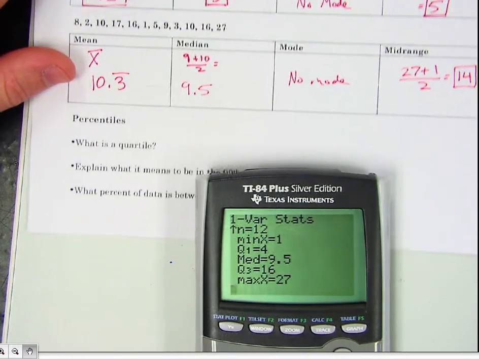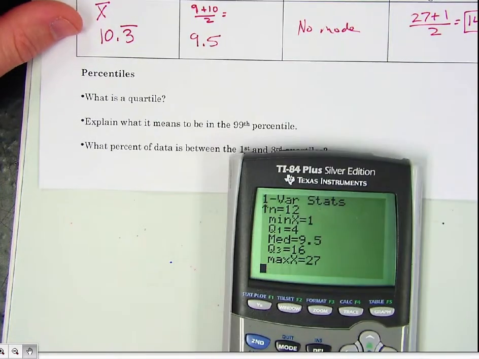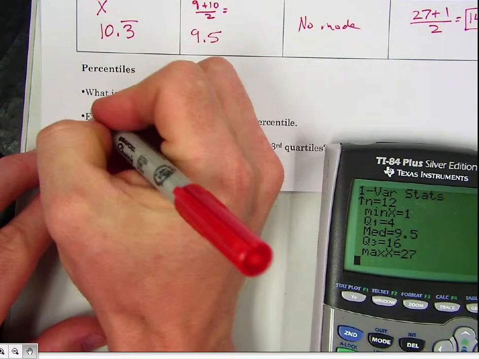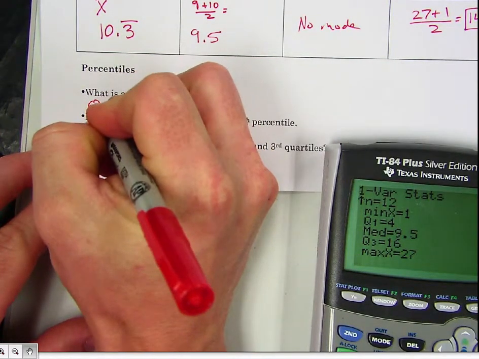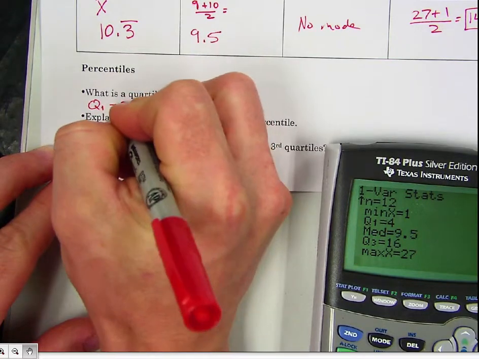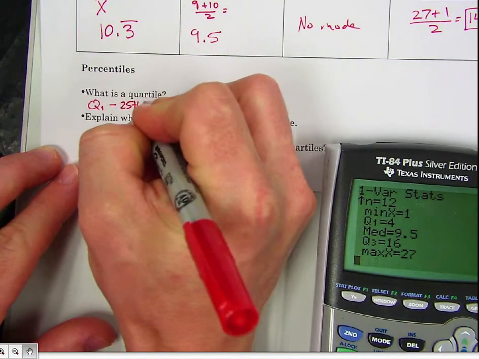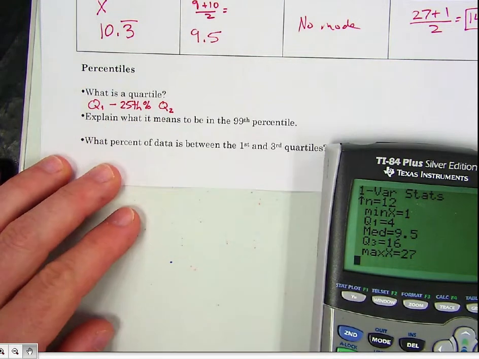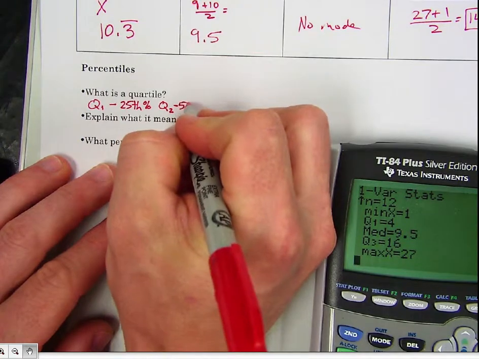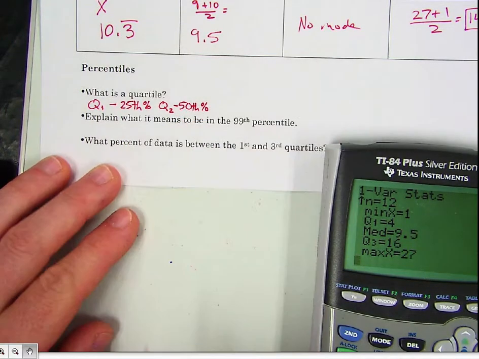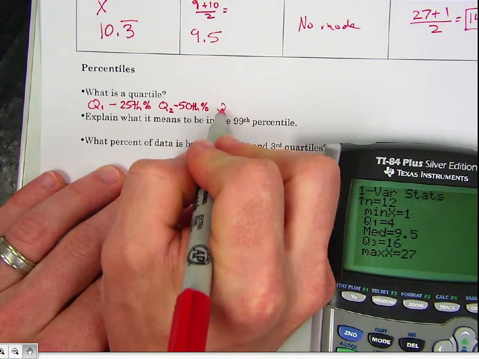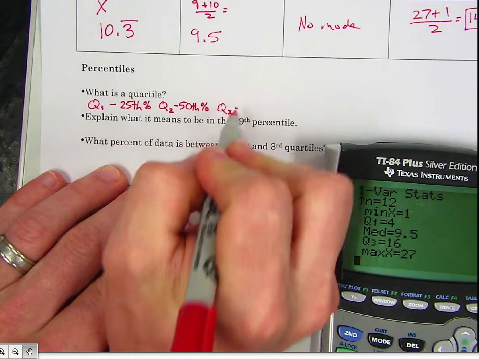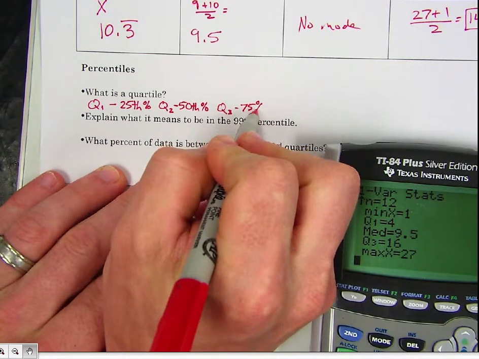Okay, now let's use this data to talk about quartiles. So the quartiles again are Q1, that's the 25th percentile. We have Q2, which is the 50th percentile, also the median. And then we have Q3, which is the 75th percentile.